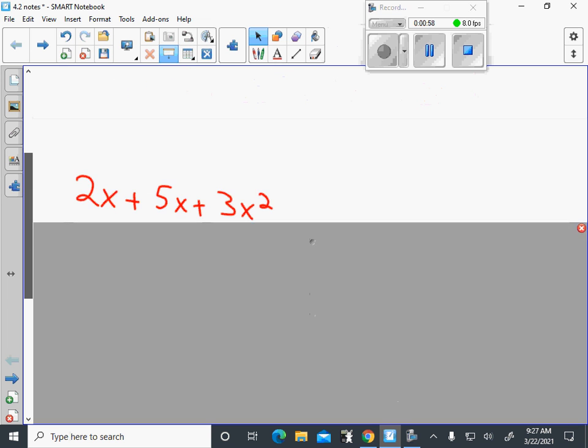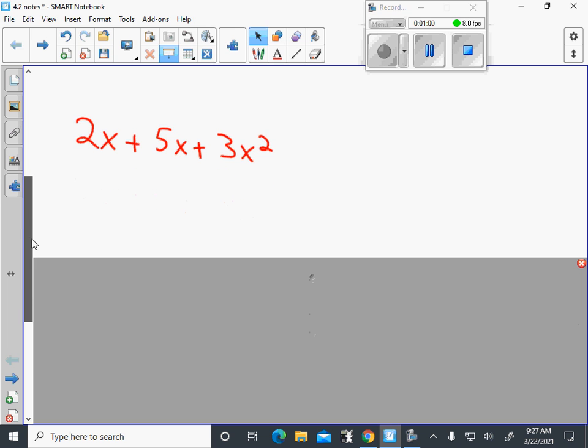Okay, let's combine like terms down here. We have 2x plus 5x plus 3x squared. What are our like terms? Maybe circle. Well, we have a 2x and a 5x. And that 3x squared, that's different. We can't combine that because it has the square next to it. So we can only combine 2x and 5x, and that gets us 7x.